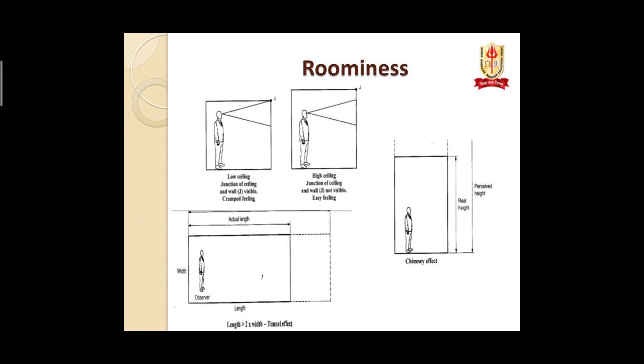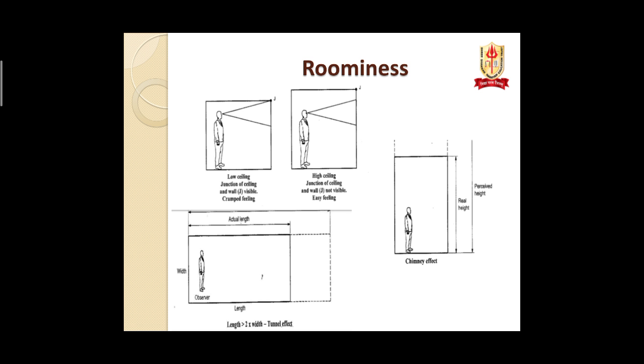If the ceiling height is low, then obviously you will feel like the ceiling is coming down on you, and the room will seem small. If the ceiling height is more, then you feel like you are in a chimney. The chimney effect will be like this.